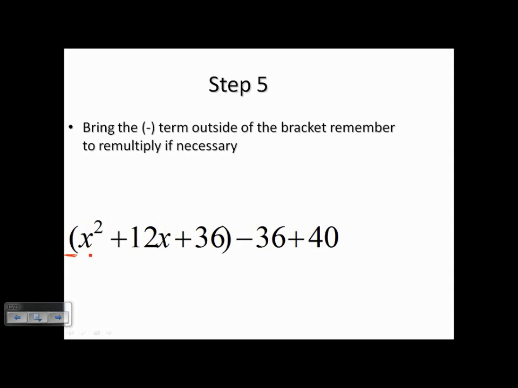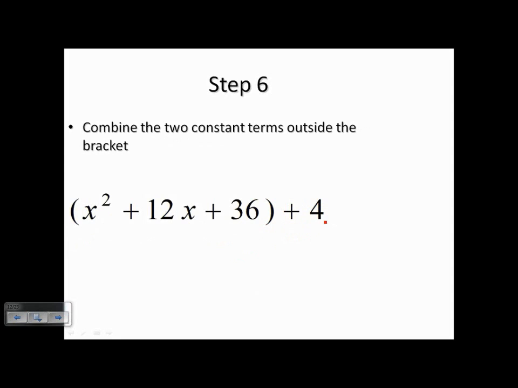In this example, the number sitting out front is a 1, so when we multiply negative 36 times 1, it remains negative 36. The next example will show one where it has to switch. Step 6 is taking negative 36 and 40 and putting them together as 4. So step 6 is to put together the two constant terms.